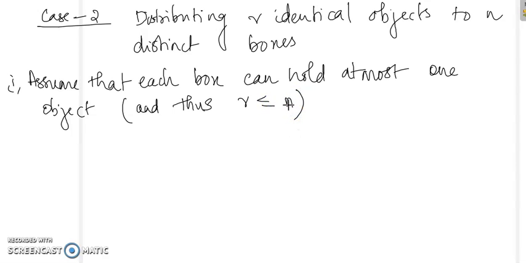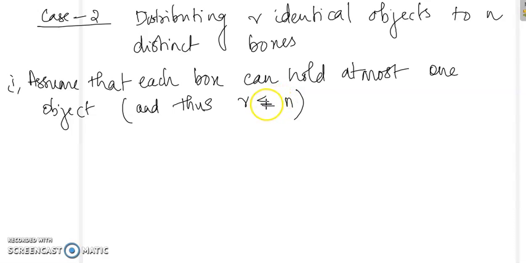So the number of boxes must be greater than or equal to the number of objects. Then only you can have each box containing at most one object. Here you have r identical objects and n distinct boxes, and we need the number of distributions such that each box can hold at most one object.